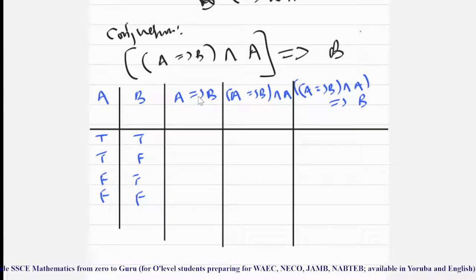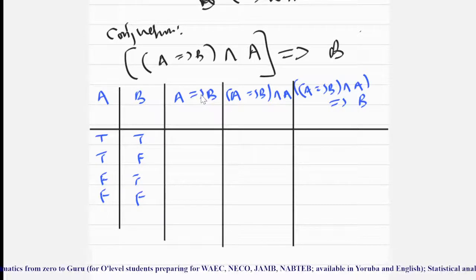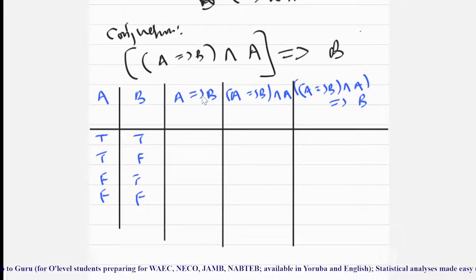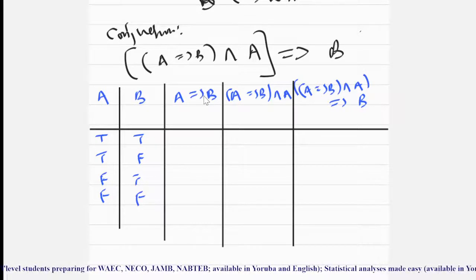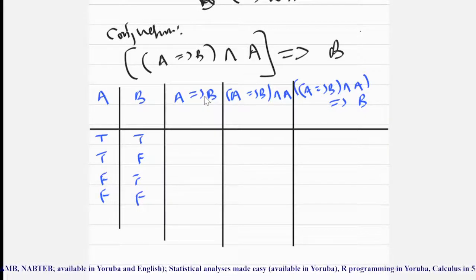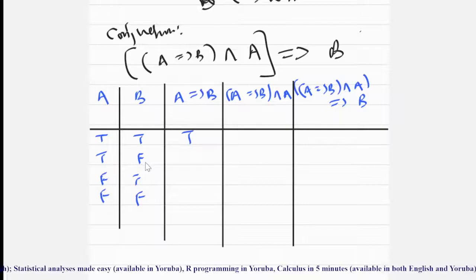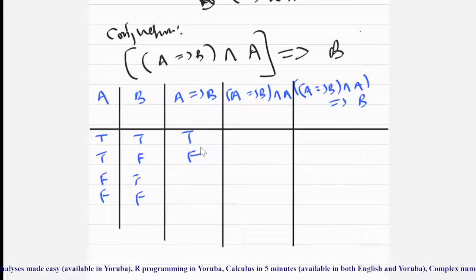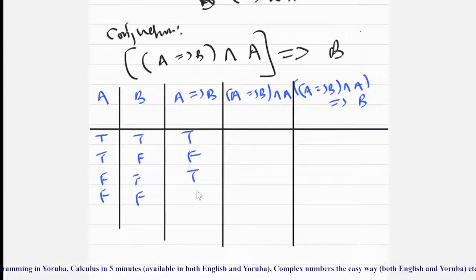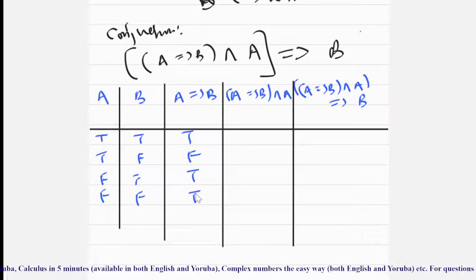And don't forget, this means A implies B. I told you when you have your connective to be an implication, the only time you are going to have false is when the first proposition is true and the second is false. Otherwise, they are going to be true. It means true, true is true; true, false is false. If you've forgotten, please refer to my previous videos. You are going to find my explanation on that. False, true is true; false, false is also true. I hope you understand now.